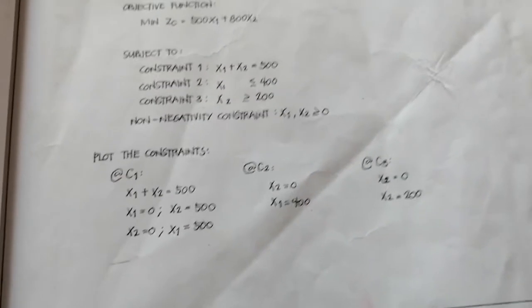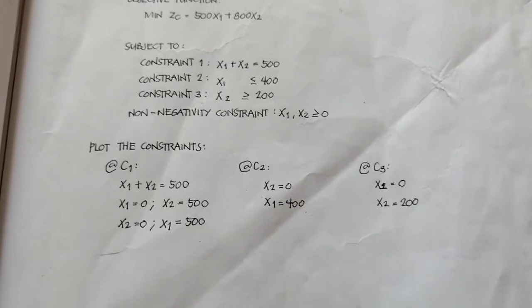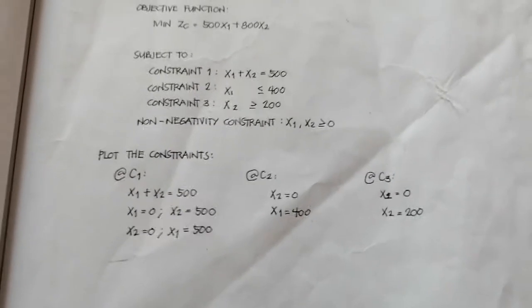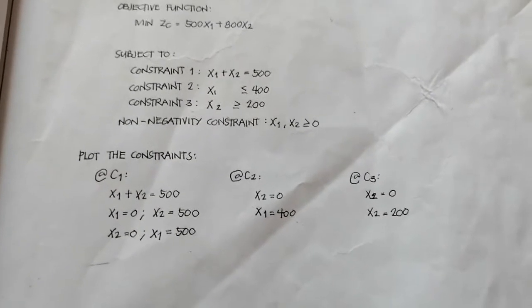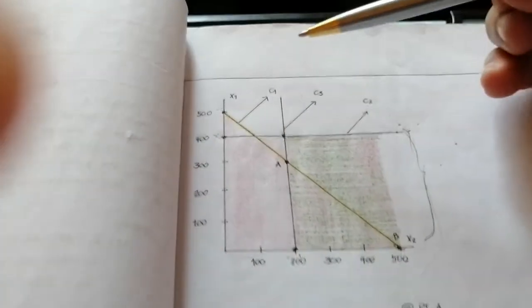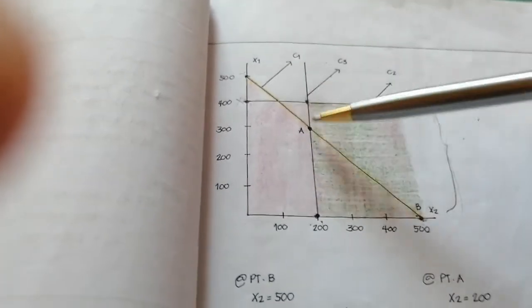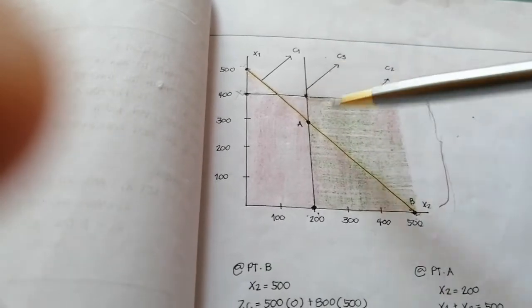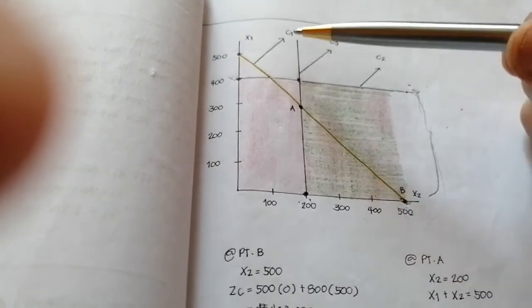The same manner with the third equation, x2 is greater than or equal to 200. So we do know that the value of x1 is already 0 and your x2 is 200. If we're going to plot it, your x2 is 200, I mean. So this vertical line is your third constraint.